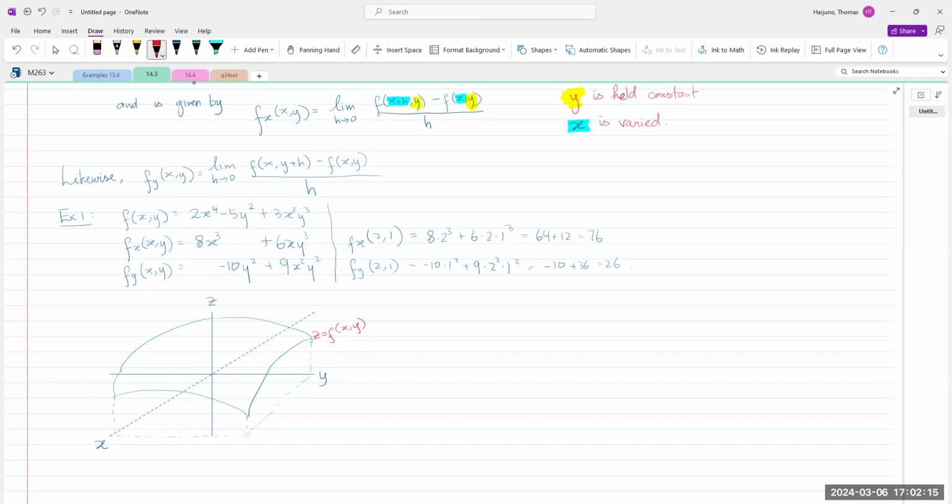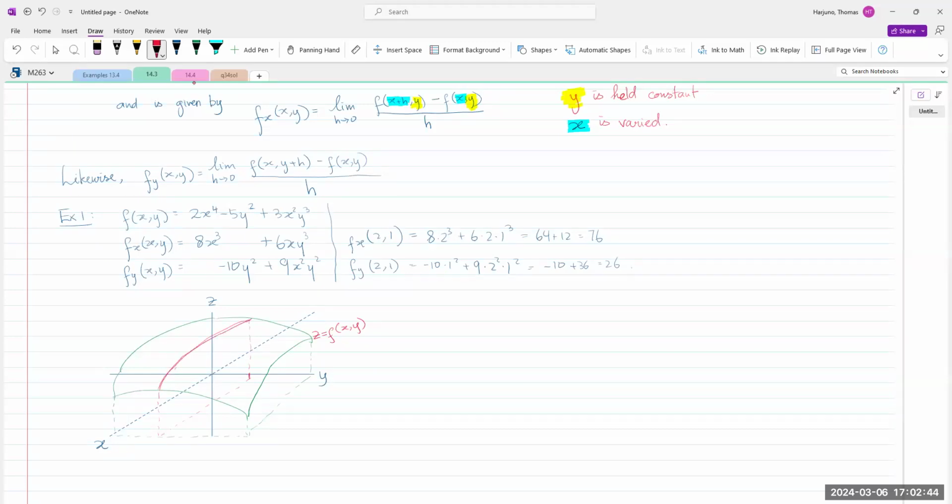Now, what does it mean to do the first derivative with respect to x? It means we are holding y. Let's say this is the y. We are holding this cross section here.